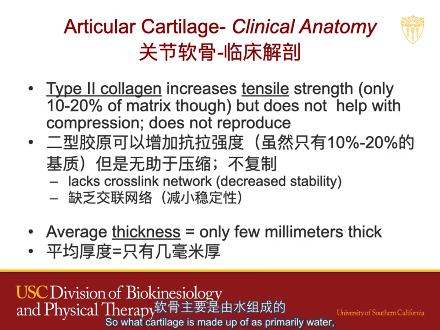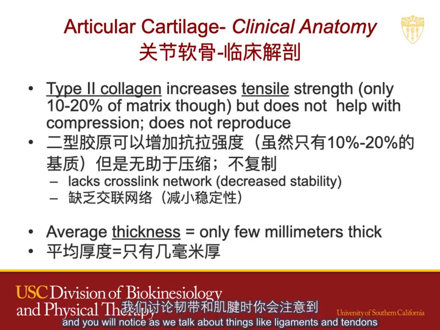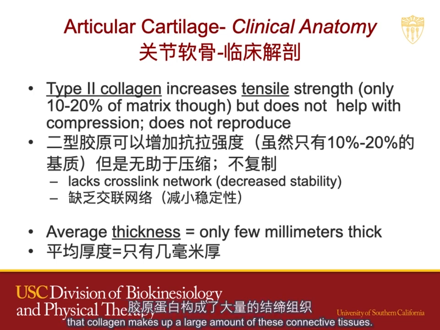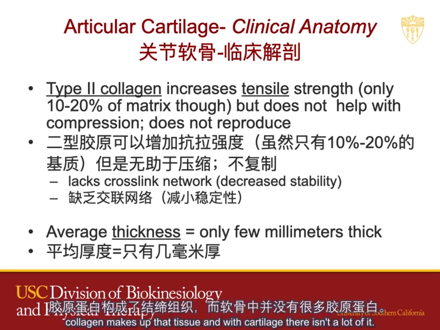So what cartilage is made up of is primarily water. About 10 to 20% of the matrix is made up of type 2 collagen. And you will notice as we talk about things like ligaments and tendon that collagen makes up a large amount of these connective tissues. Unfortunately, with cartilage there isn't a lot of it.